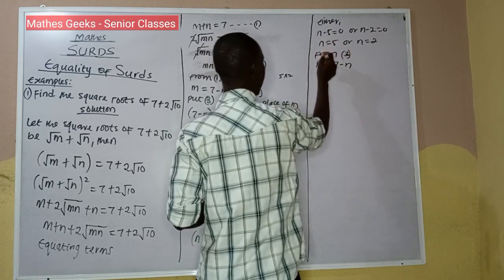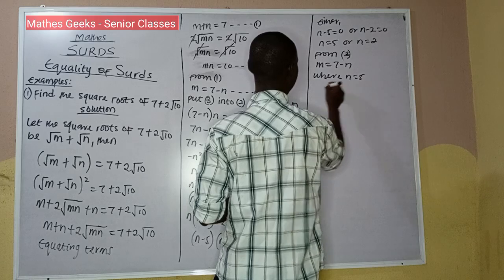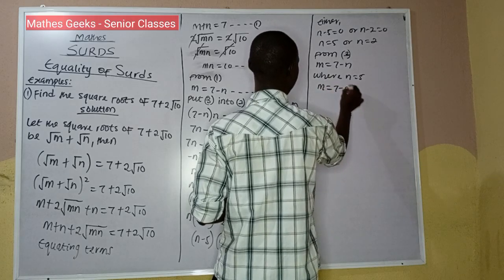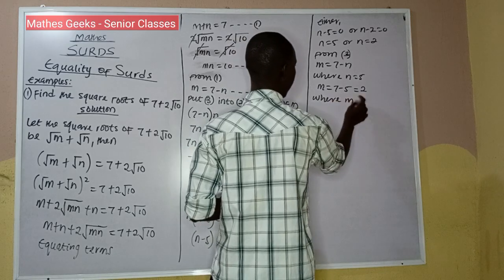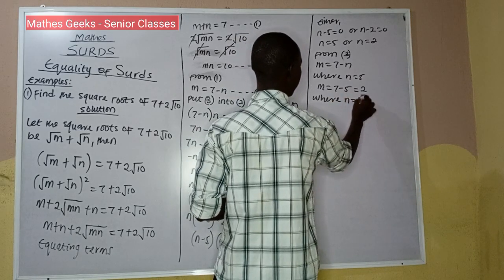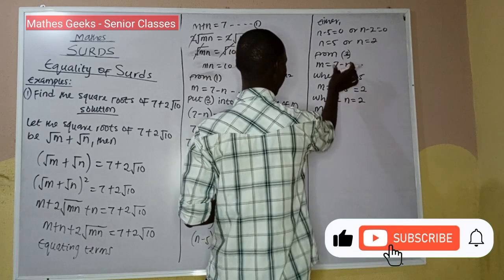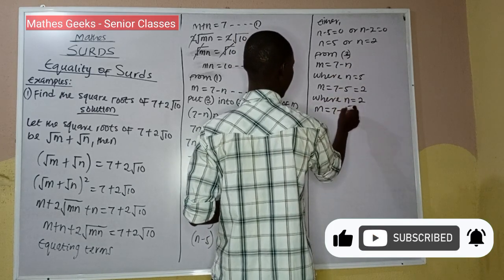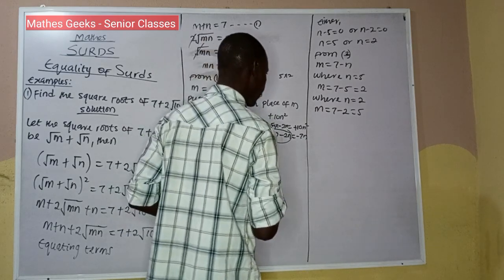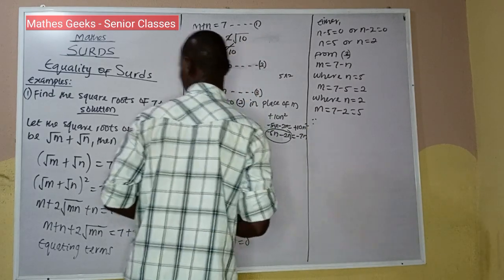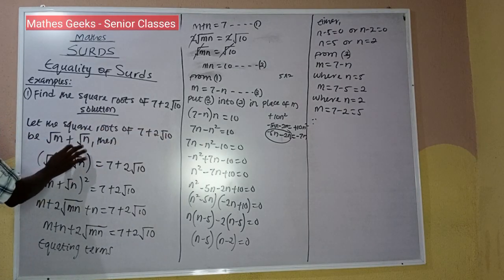So if we take n to be 5, where n is equal to 5, m would be 7 minus 5, and that's 2. And where n is equal to 2, m from equation 3 will be 7 minus 2, and that would be equal to 5. So what does that tell us? Therefore, remember when we started, we said let the square root of 7 plus 2 root 10 be root m plus root n.